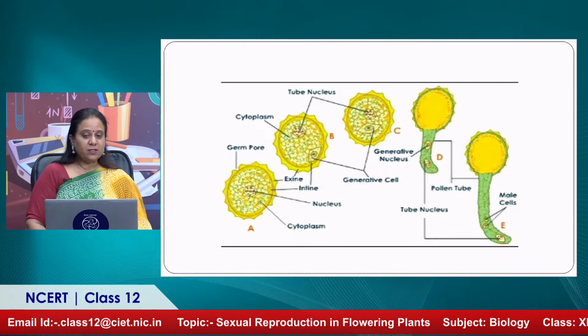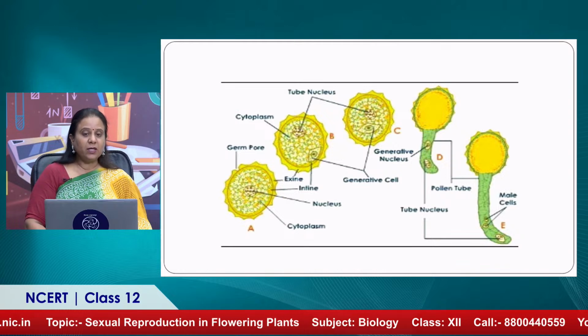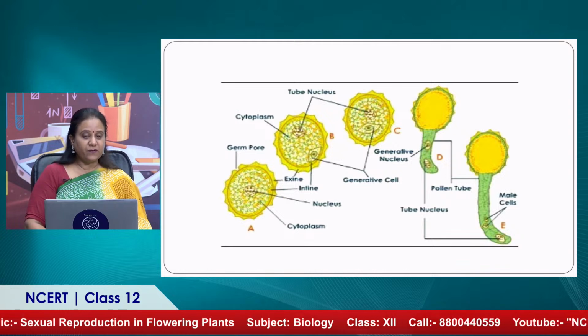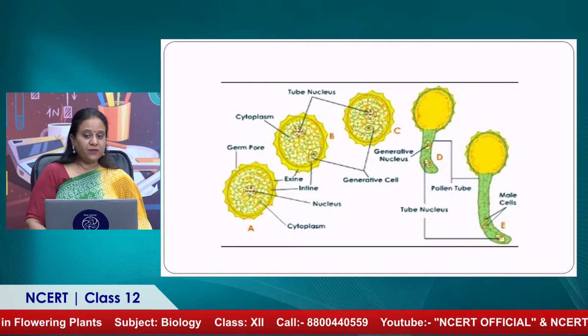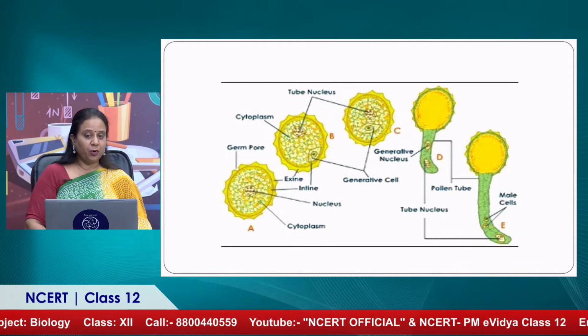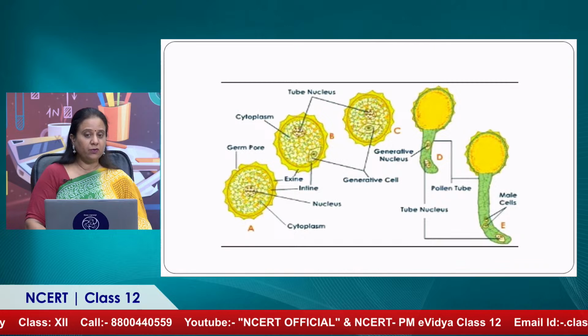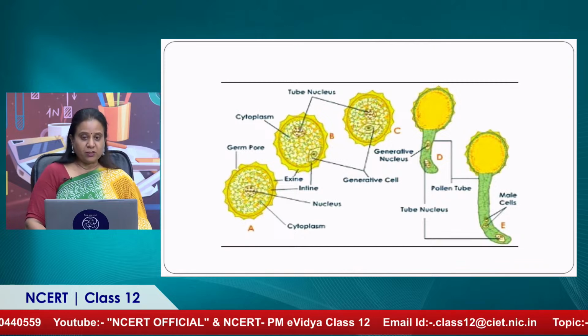Inside it there is a nucleus and cytoplasm. Above it, in the diagram, we can see there is a tube nucleus and generative cell. So it is very clear from this diagram that the generative cell is very small. It is spindle shaped while the rest of the pollen grain is covered with the vegetative cell which is bigger, right? So this is the difference between these two.